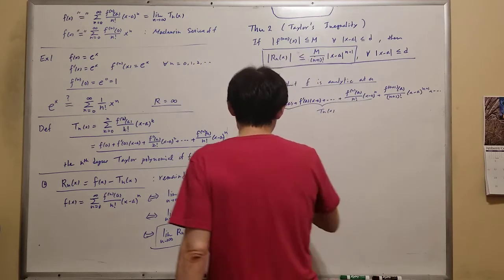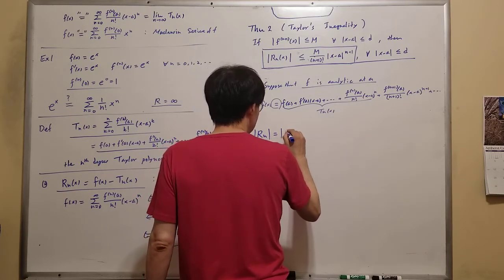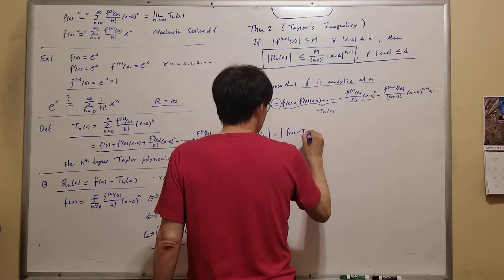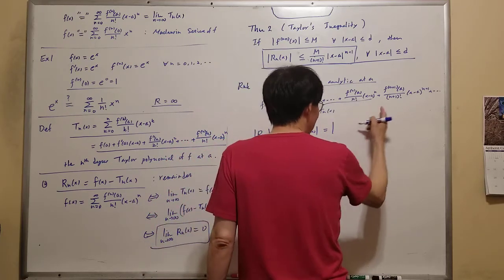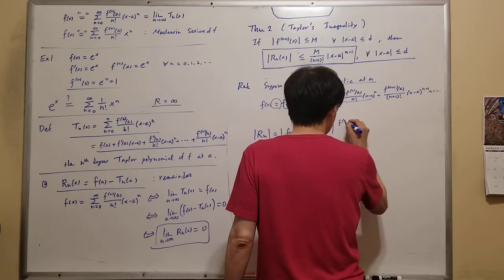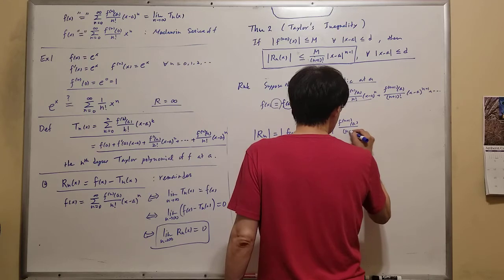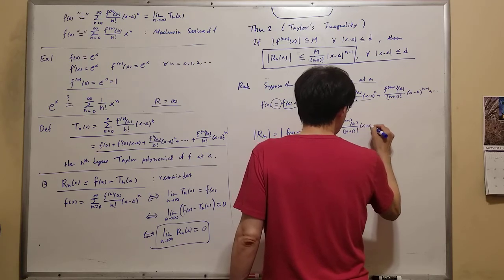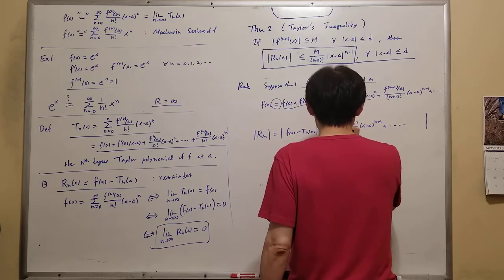So your Rn is actually the absolute value of the remainder, all the remaining terms, all right?